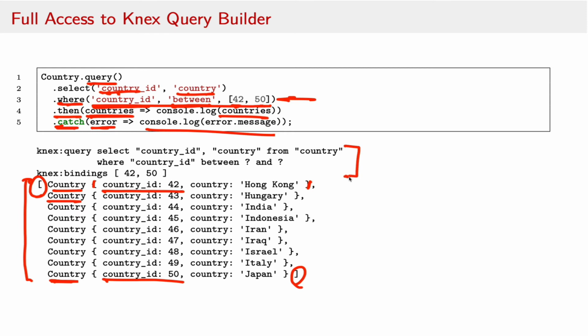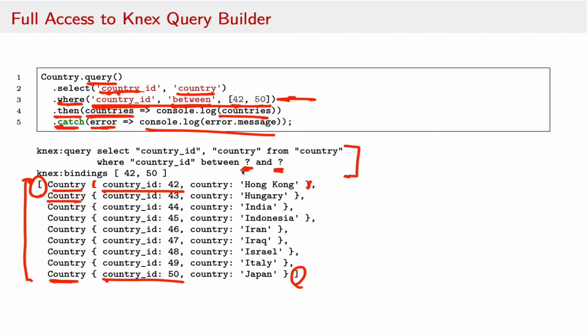The other thing that I'm showing here, again, is just debugging output that I've turned on. We can see the query: select country ID, comma country from the country table where country ID between question mark and question mark. This is an example of Knex being careful to avoid SQL injection attacks.